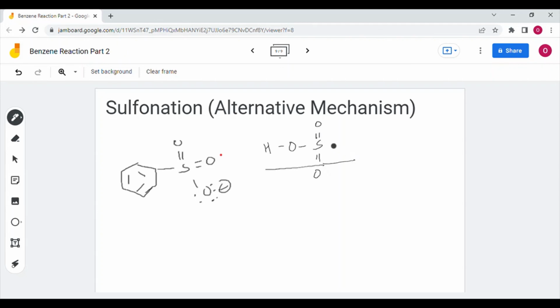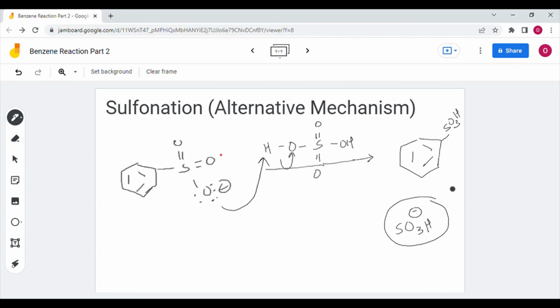And once we react it with H2SO4, what ends up happening is that this negative charge is going to deprotonate this hydrogen, thus reforming this molecule, SO3H, as well as SO3H minus. And this molecule now can be used to continue producing this molecule here. And that's the alternative mechanism for sulfonation.